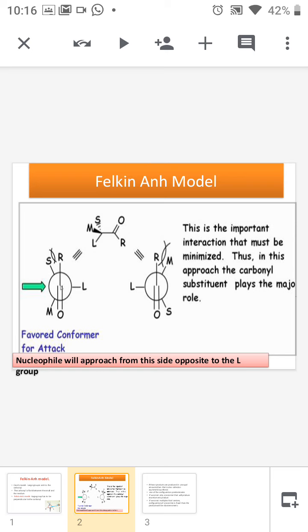So that's why the Newman projection formula indicated by the green one is the most preferred Newman projection formula for the nucleophilic attack, and the nucleophile approaches from the side opposite to the largest group. This is the Felkin Ahn model, and this is the most favorable model for the nucleophilic addition to a carbonyl group which is connected to a chiral center.